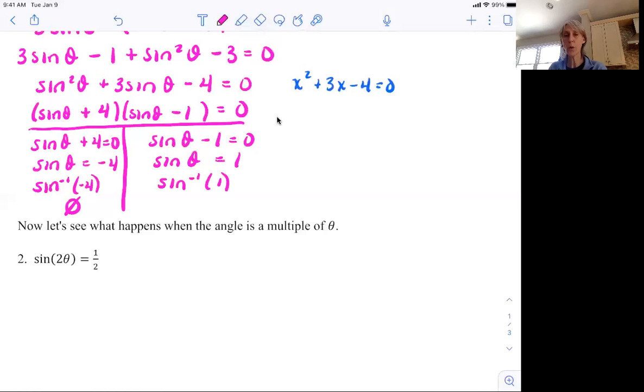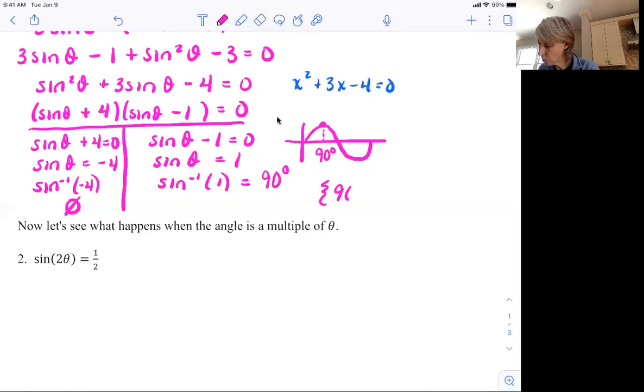Remember, when we're solving for ones or negative ones, we think of our sine curve. What angle gives me a sine of 1? Well, that's going to be 90 degrees. And since it only happens one time, that's our only solution for this problem.